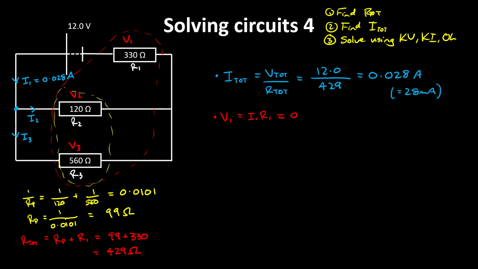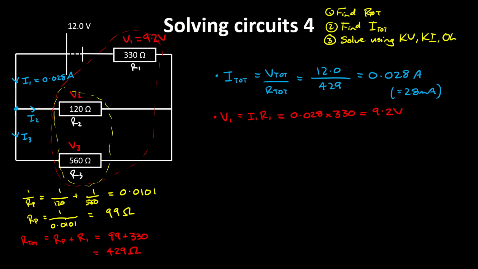Okay, because all of the current goes through that resistor at the top, it's 0.028 amps multiplied by the resistance 330, which is 9.2 volts. So this one is 9.2 volts.